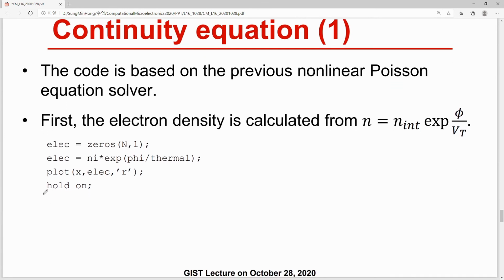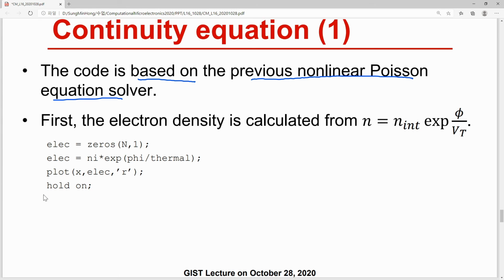Now let's go to the implementation. This code is based on the previous nonlinear Poisson equation solver. Simply it means that first you apply your nonlinear Poisson solver. As a result, you will have the electrostatic potential and the calculated electron density.